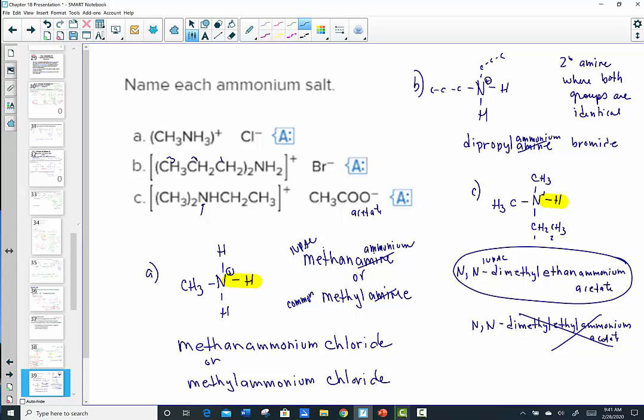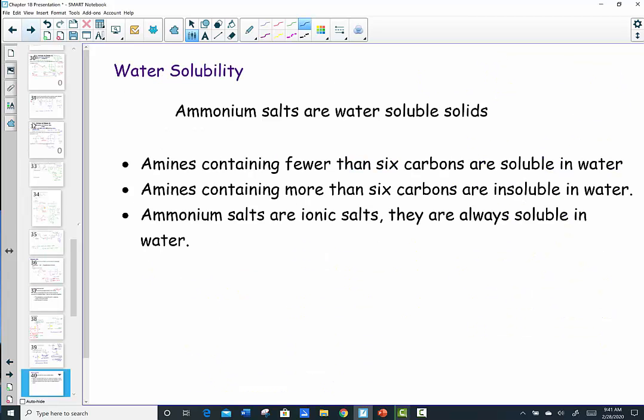Really, I just want to focus then on just practicing naming amines, and then naming ammonium problems really come out to be quite easy. We're just exchanging the word amine into the word ammonium as the suffix. So the solubility of ammonium salts, we've recognized that ammonium salts are always water soluble. I don't care how long the carbon chain is, ionic compounds are water soluble salts.